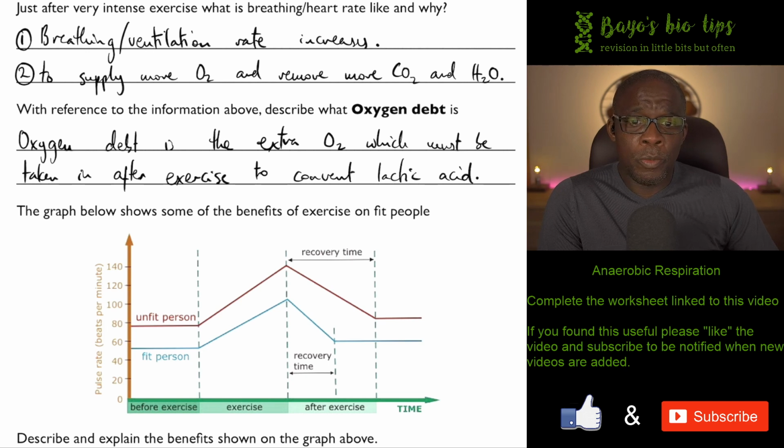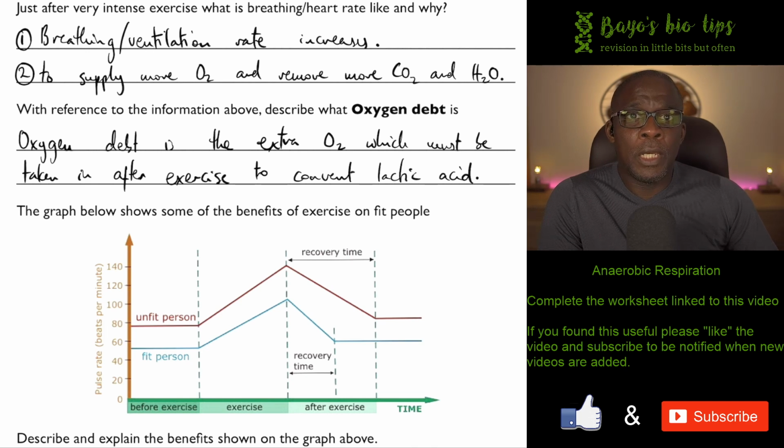Also, as you move further down the graph, you can see that the recovery time is greatly reduced. In fact, it's about half the time for a fit person. This is also to do with the fact that fitter people have a greater cardiac output and a greater lung capacity, both of which mean that it takes less time for them to pay off their oxygen debt.